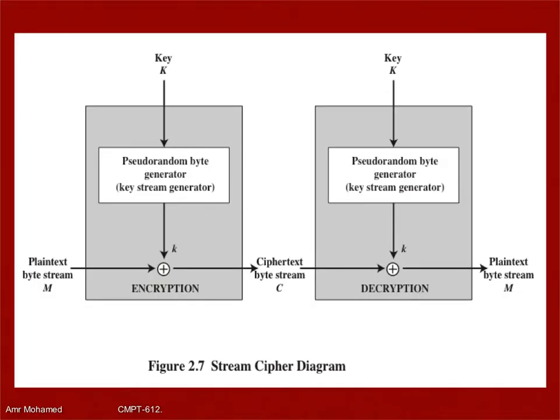So with pseudorandom number generators, we can, in fact, design our stream ciphers. Stream ciphers, unlike block ciphers, take a plaintext of any arbitrary size. It's a stream, from the name.